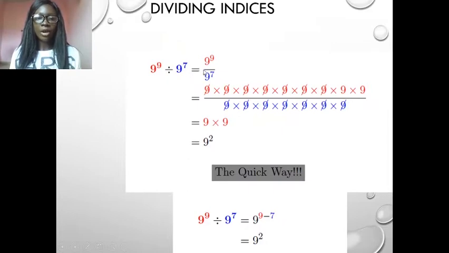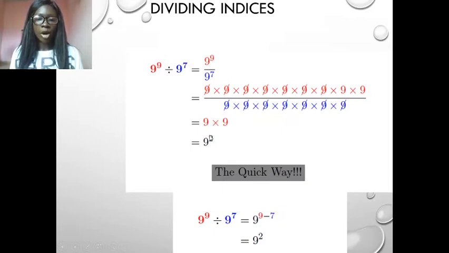So another way of writing this is 9 to the power of 9, meaning we are writing 9 nine times. Okay, divide by, that's the denominator. Now we are writing 9 seven times. So you can see that 9 cancels 7 times, and we are left with two 9s.